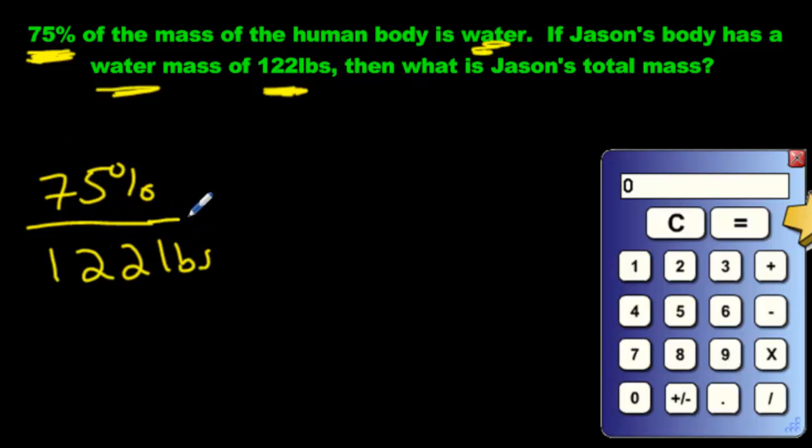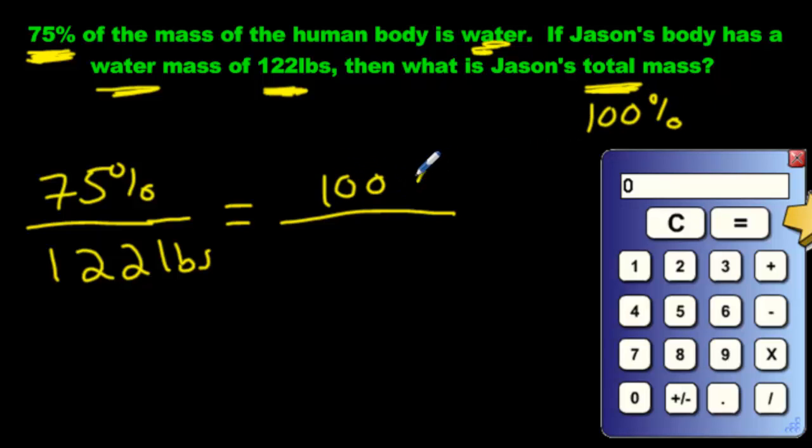So this is 75% water. This is 122. They go together. We want to know what is Jason's total mass. So you know what we have to do on this side? What does total mean? It means 100%. Very good. 100%. We write it down here. That's his total mass. We cross multiply. Now I'm not going to times, but I know 122 times 100.